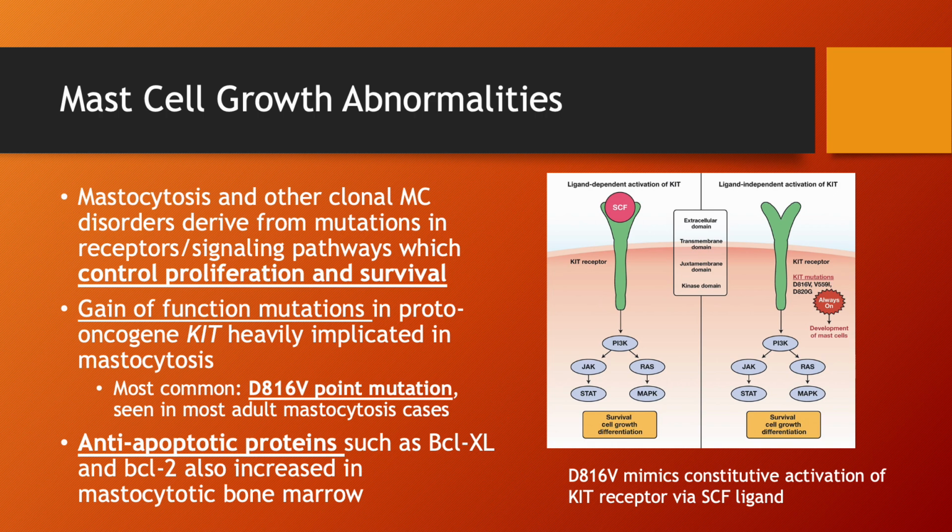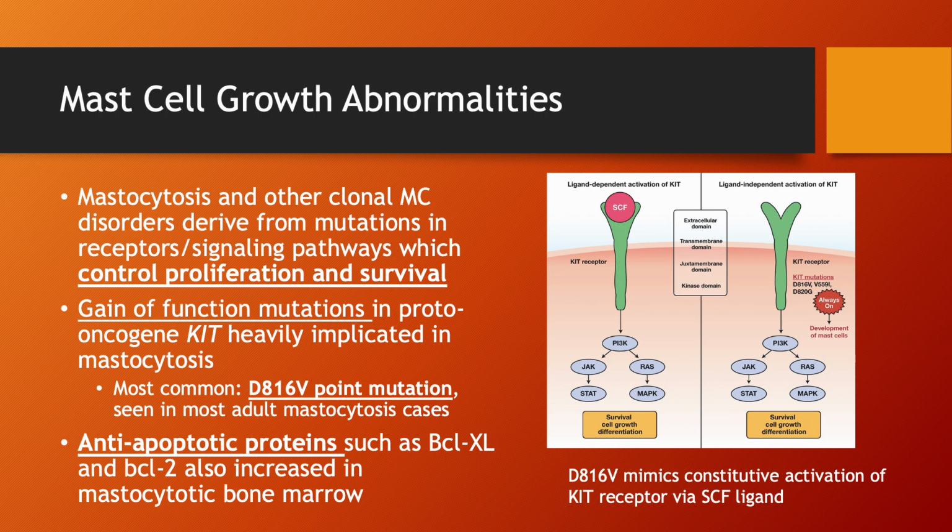We have a proto-oncogene, KIT, the KIT gene that is involved in growth. That's why it would be a proto-oncogene. So if we have a gain-of-function mutation, such as the D816V, which is a point mutation, this is going to increase the amount of growth signals that are sent by the KIT receptor, so much so that they are essentially functioning as constitutively activated receptors.